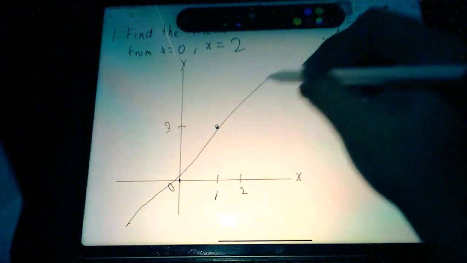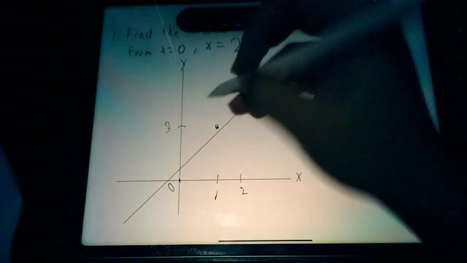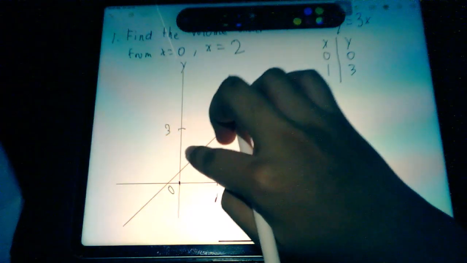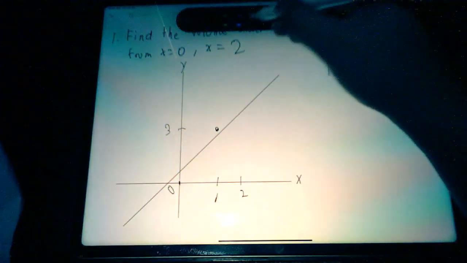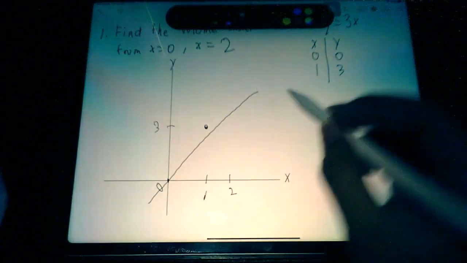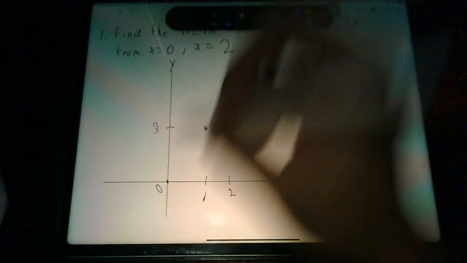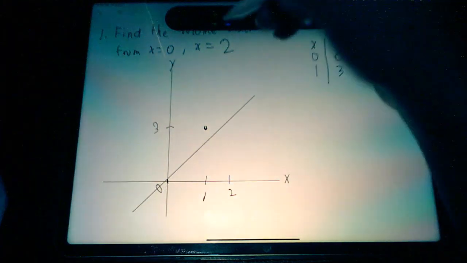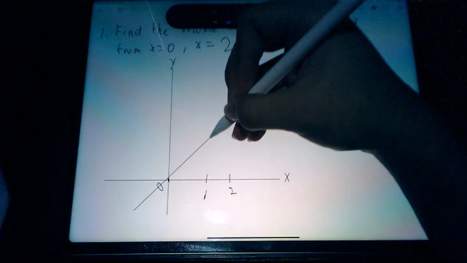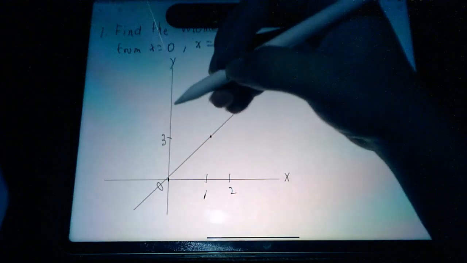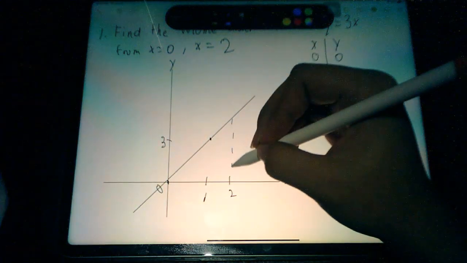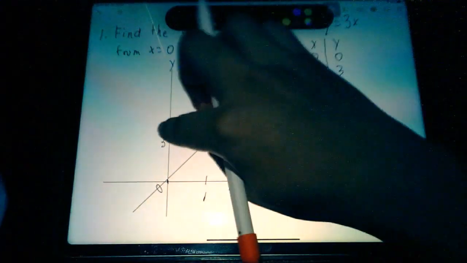By doing this, this is our line. Wait, let's erase this first. And this is our line. Let's say this is here and this is 3. So our line is now done. It's not perfect, but that is enough to illustrate.